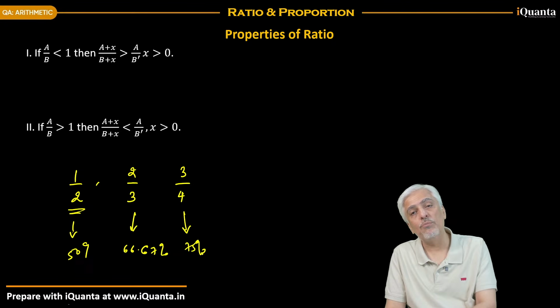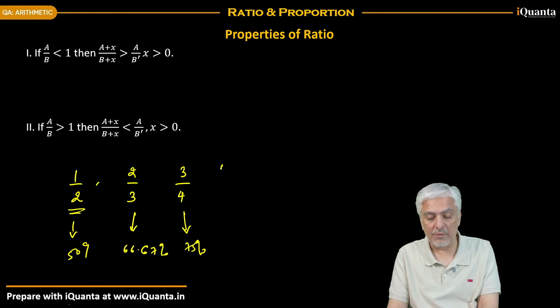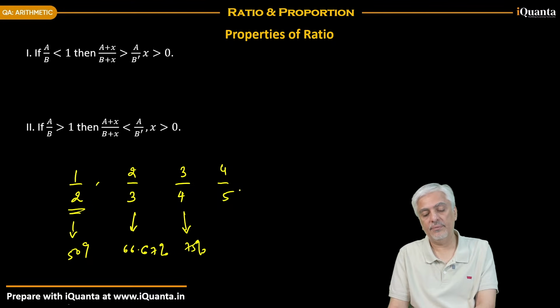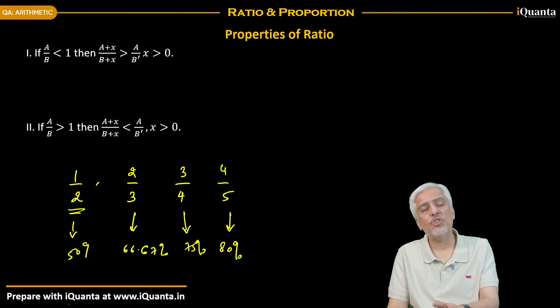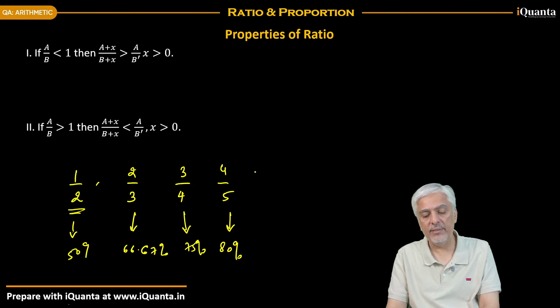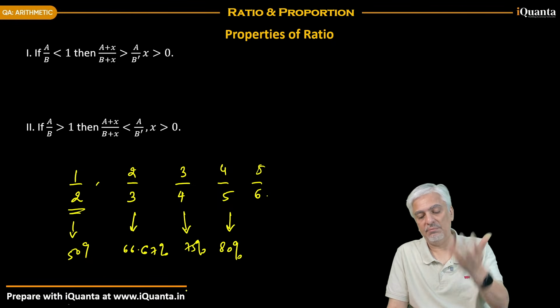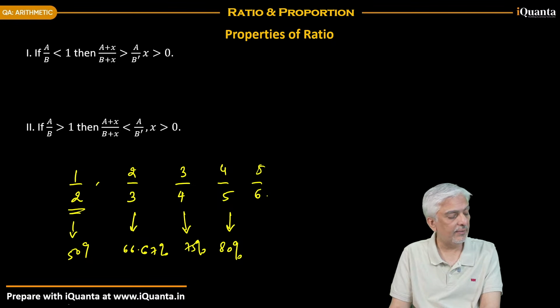If I add one more time, it will become 4 upon 5, which means 80%. And so on, so on, so on. I can keep going. If I add, 5 upon 6 will become some 83.33%.